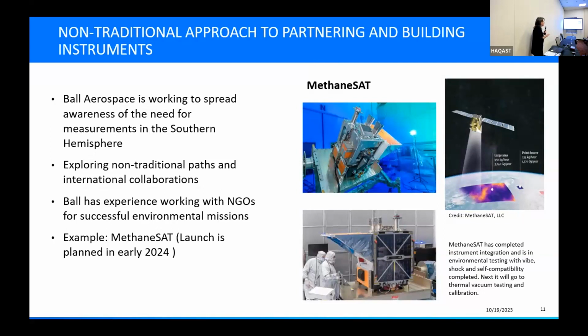This has been a really cool success story for Ball, working with MethaneSAT LLC and Environmental Defense Fund on the MethaneSAT instrument for their particular science. I'd like to give a shout out to that team, that instrument, and those users as well. MethaneSAT is very much in the throes of testing right now, and I think the plan is to launch next year.